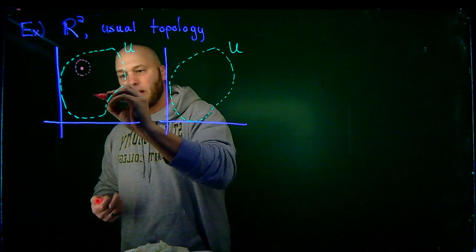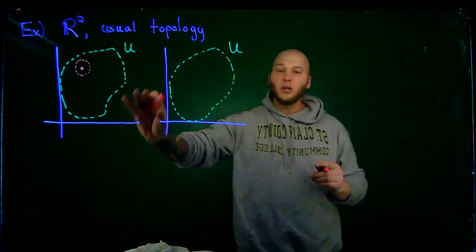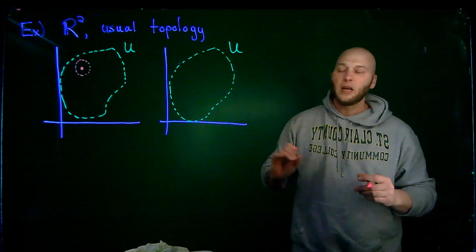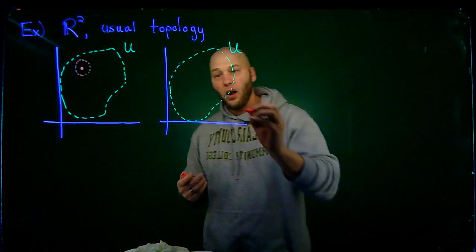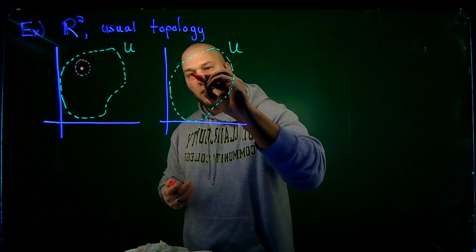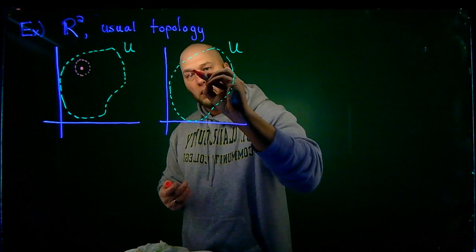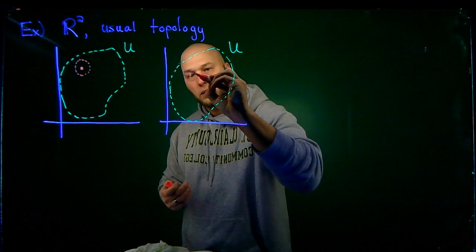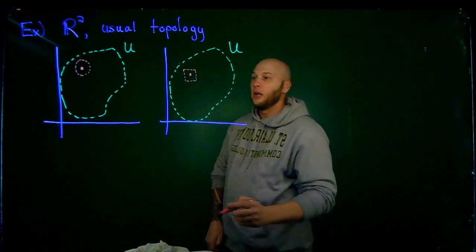So I could take large ones and small ones and so on, but I could take just the union of all possible open disks that would then create this entire open set. I also could say, if I take that same point, I could take an open square of different sizes, and I could also generate the same open set U.